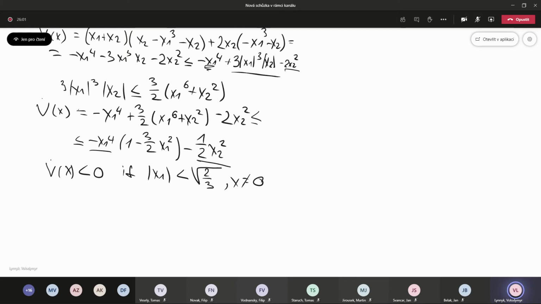Okay, and now we can say that the equilibrium (0,0), the origin, is asymptotical stable.